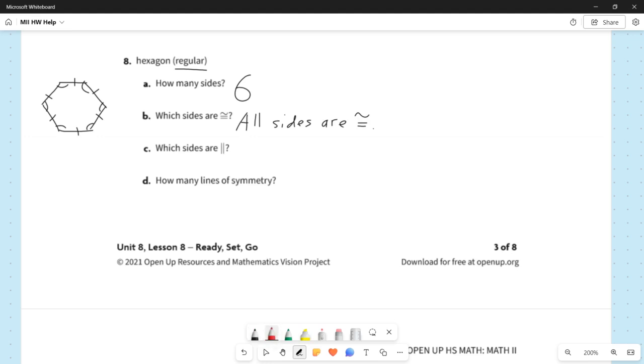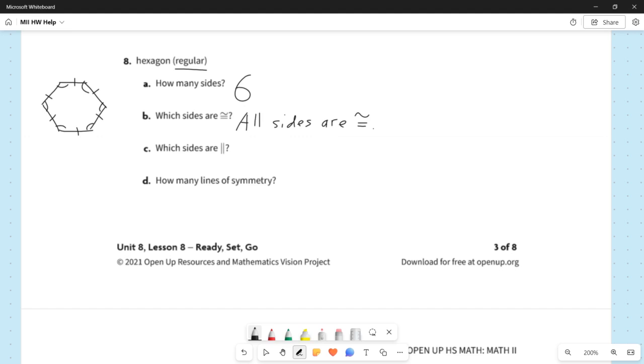If I just randomly draw 1, 2, 3, 4, 5, 6, that almost looks like a pentagon, but whatever. So that's a hexagon. It's just not a regular hexagon. It's also a concave hexagon.